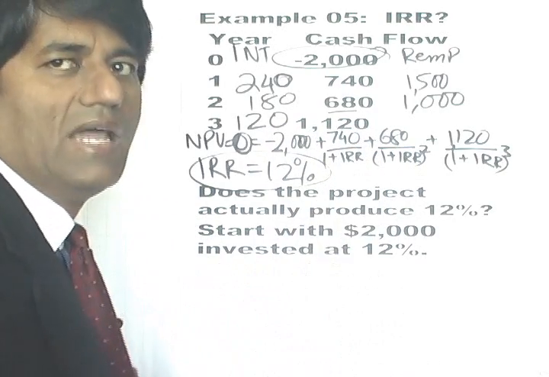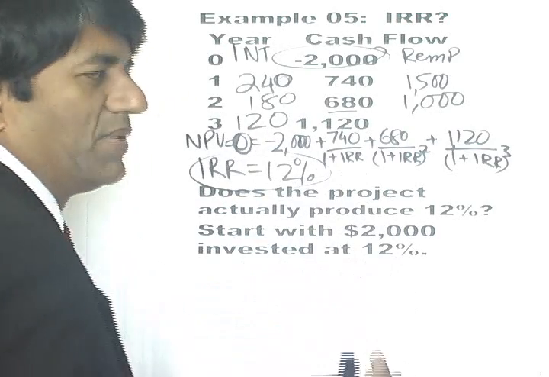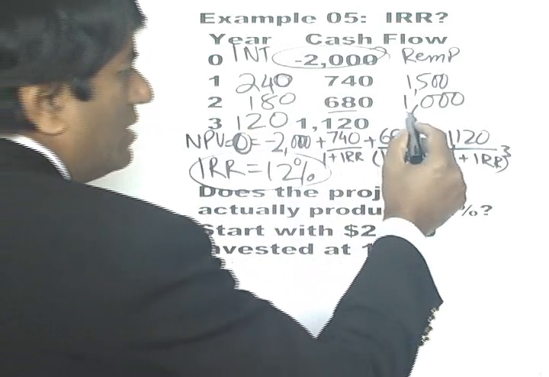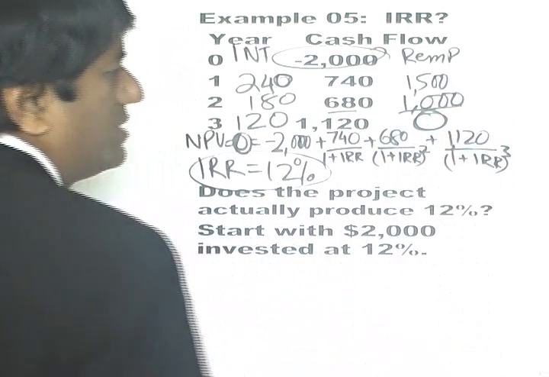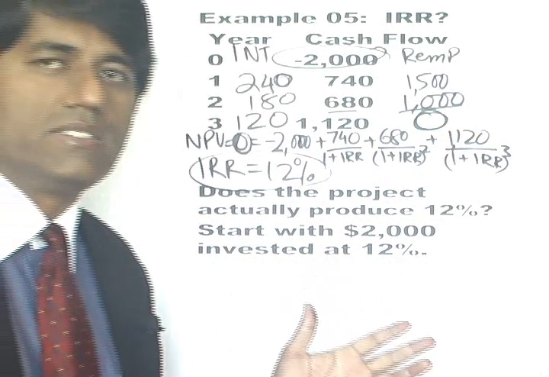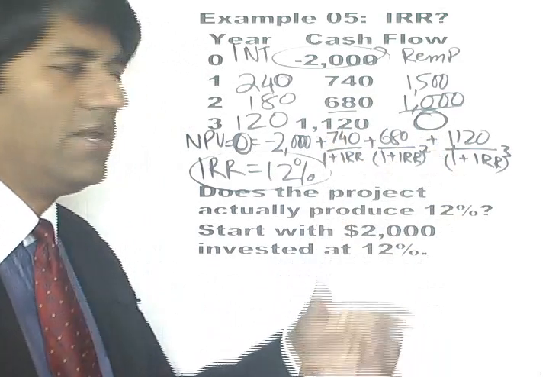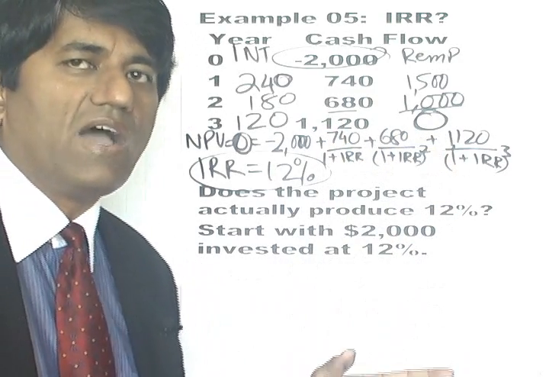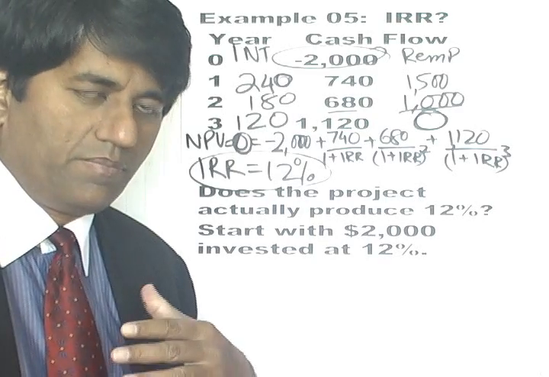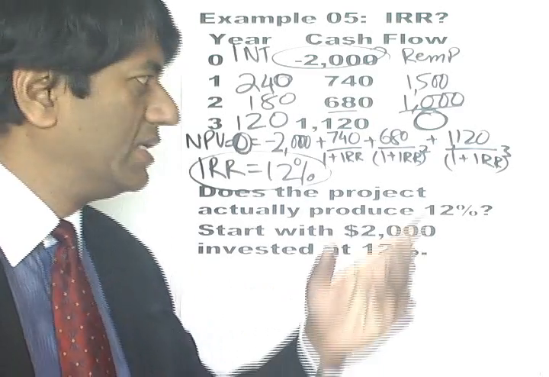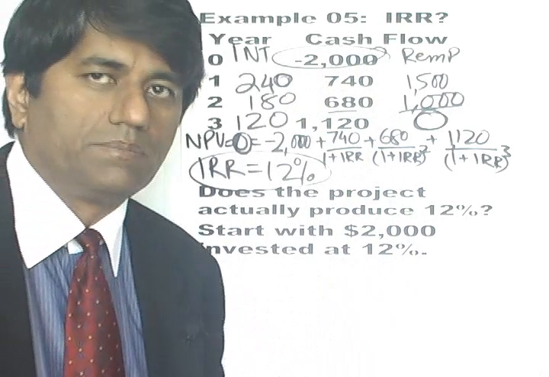So principal pay down will be 1,120 minus 120, which is 1,000, and 1,000 will pay off this principal, and your remaining principal will be 0. So yes, because the remaining principal is 0, we have verified that these cash flows actually produce a rate of return of 12% on this invested $2,000.